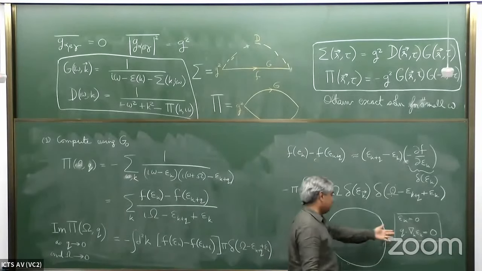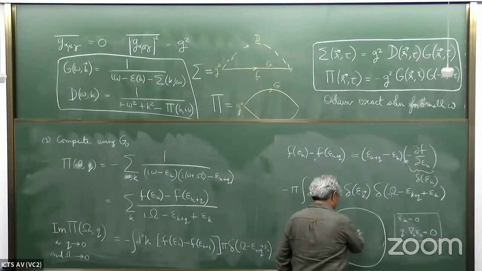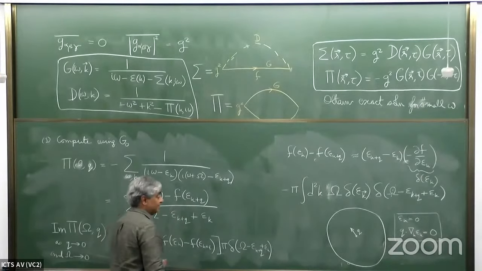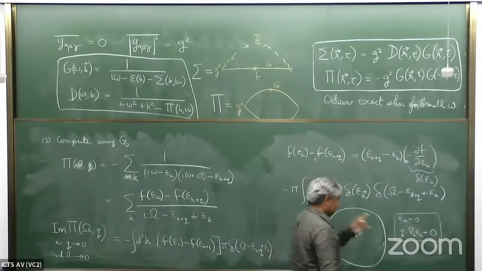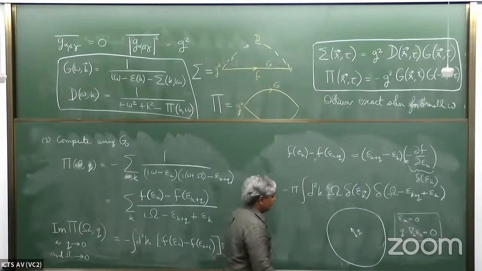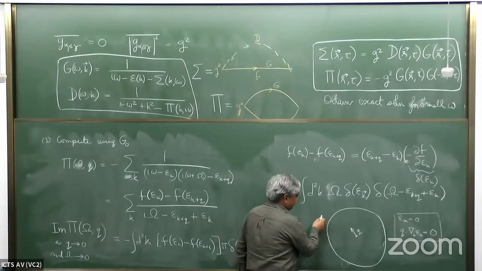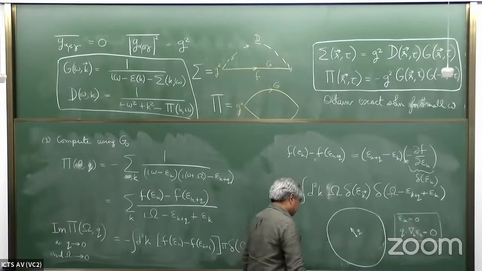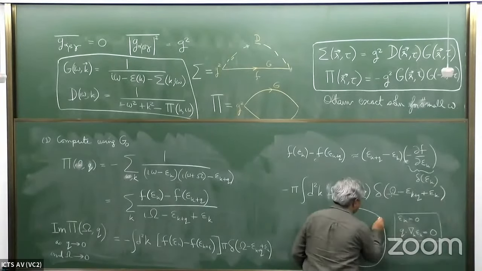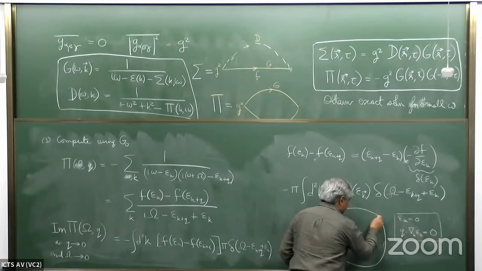So which are these points? Well, EK equals 0 is just the Fermi surface. So it's a discrete set of points on the Fermi surface. And the other equation tells you that the gradient of EK should be orthogonal to Q. The gradient of EK is just a vector orthogonal to the Fermi surface. So there's really only 2 points, and they're opposite each other. There's a point here and a point here.